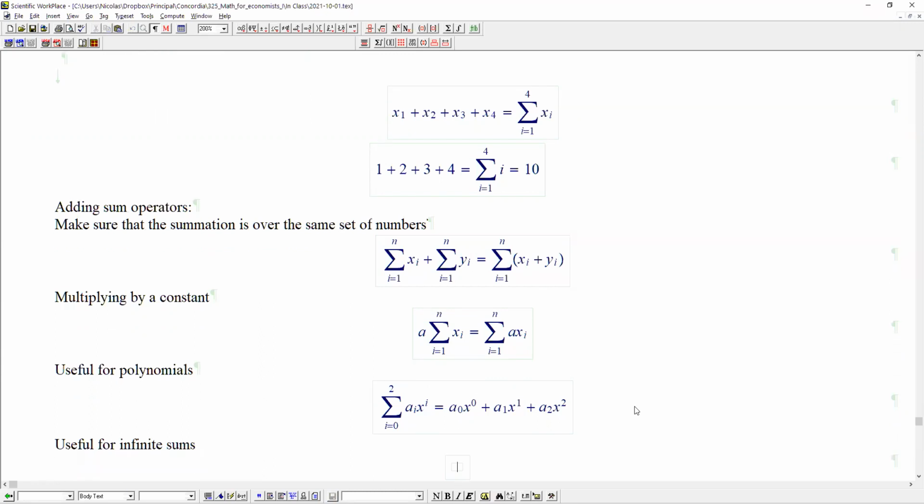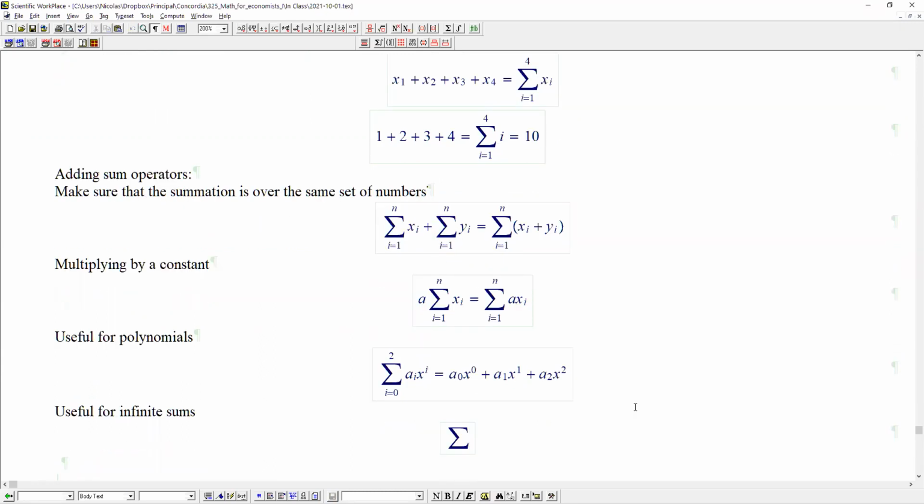So if I have something like sum from i equals 1 to infinity of say 1/2 to the i. So then this is very neat. I just have to write it this way. And so of course it's equivalent to 1/2 plus 1/2 squared.